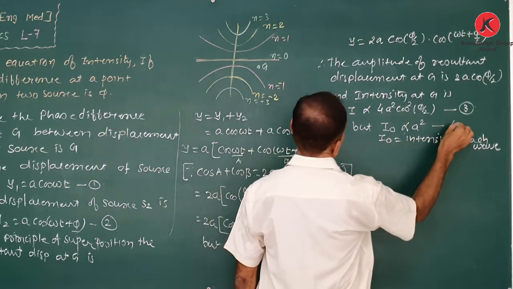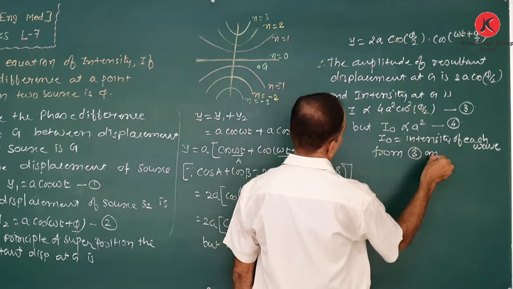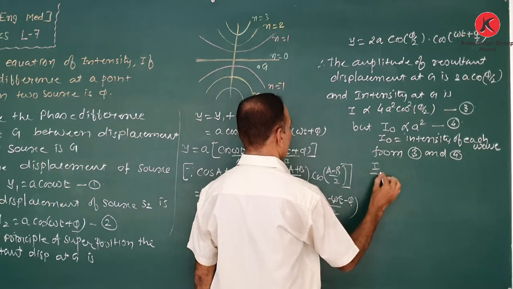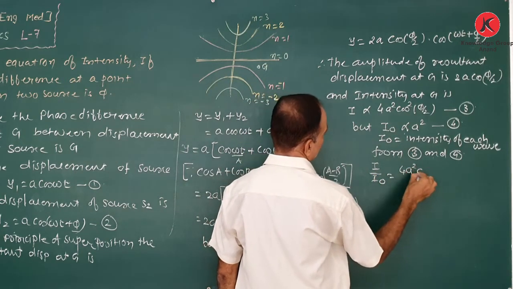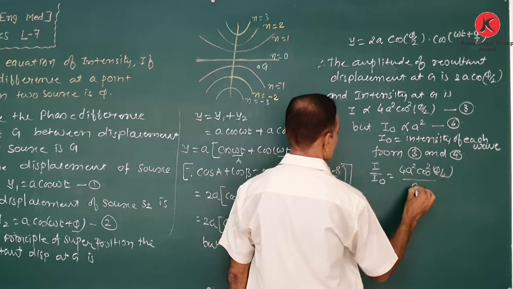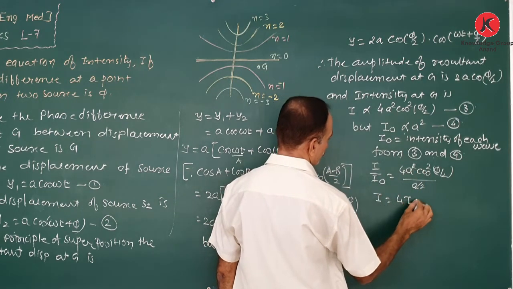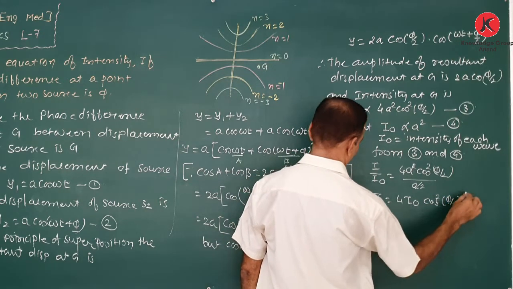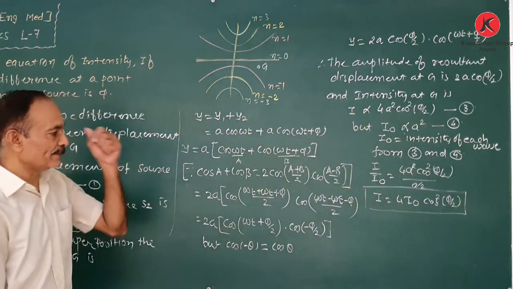Therefore, from 3 and 4, I upon I0 is equal to 4A square cos square phi by 2 upon A square. A square cancels. Therefore, I is equal to 4I0 cos square phi by 2. This is the equation of intensity at point G.